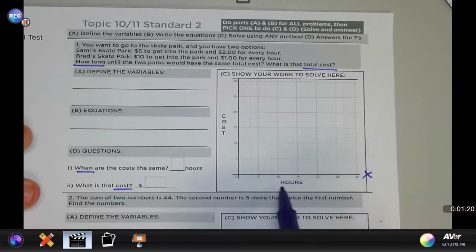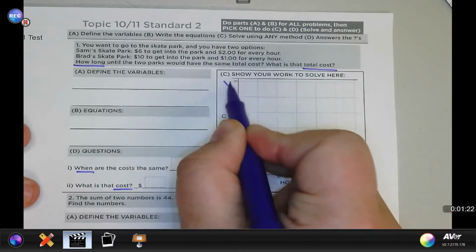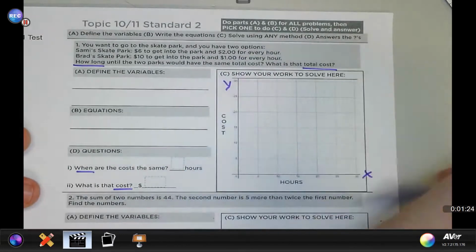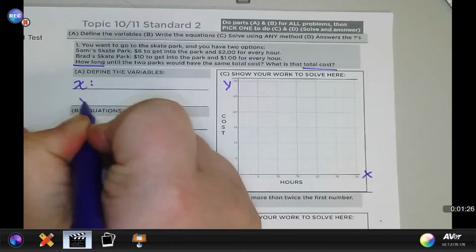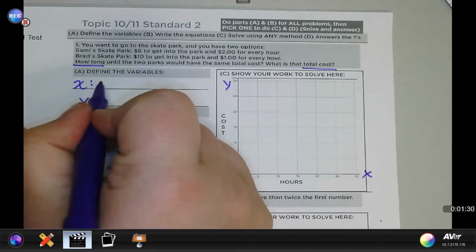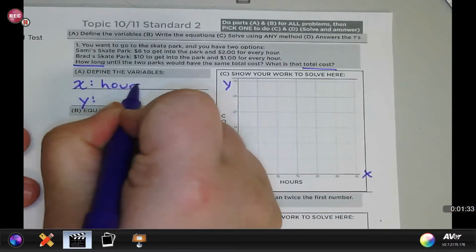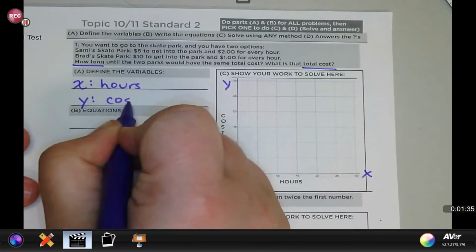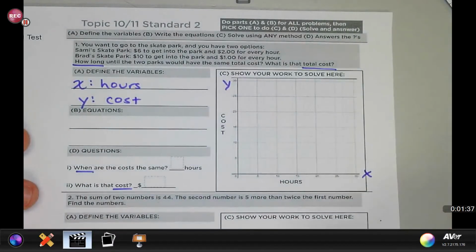If you look at the x-axis, you have hours, and if you look at the y-axis, you have cost. So this one's really easy because I'm just literally going to use x and y, and x is hours, and y is cost, or total cost.